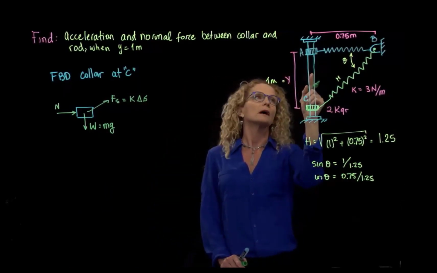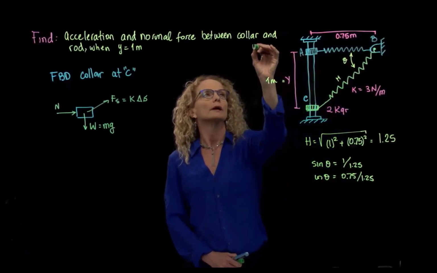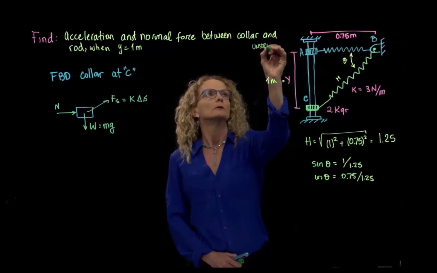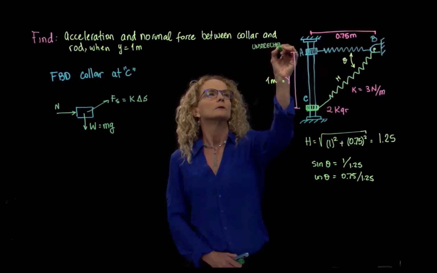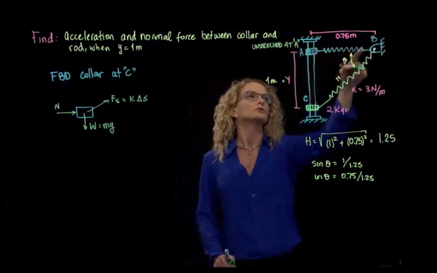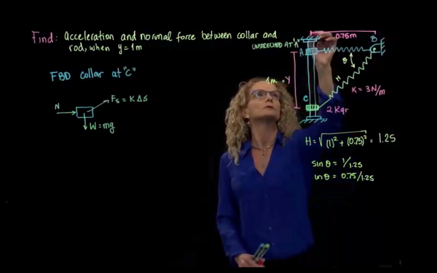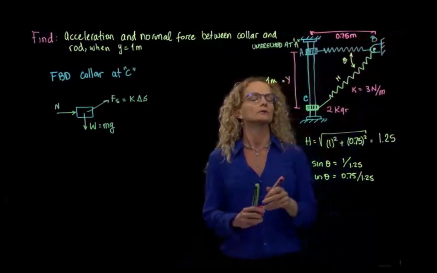The problem tells us that the spring is unstretched at A. So we do know that the unstretched length is this one right here. This is 0.75 meters.